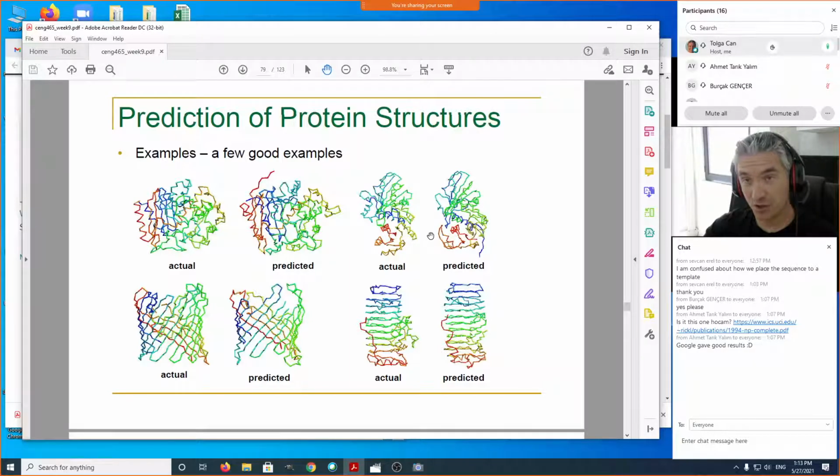After the best way to superimpose them, they may still not be exactly on top of each other. The deviation between those matched parts, the average distance, is called the RMSD measure. Let me write in the chat box: root mean square deviation.